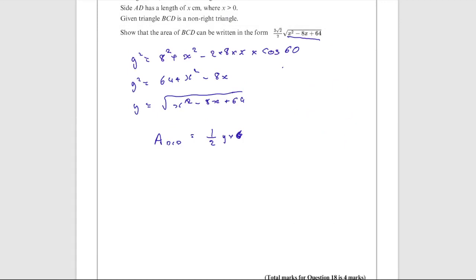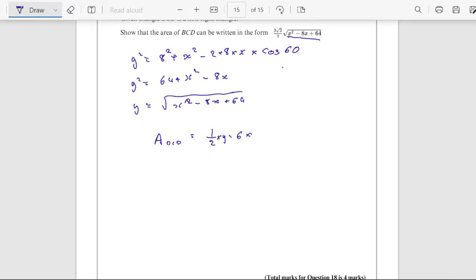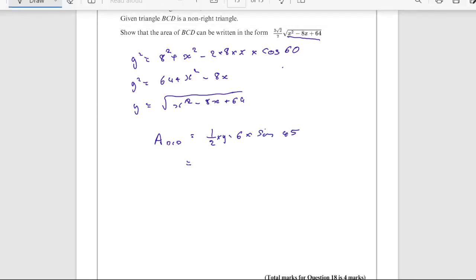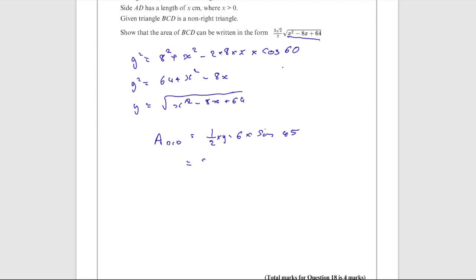So the area is going to be equal to a half of y times by 6 times by sine of 45. So that's going to give me 3 times by y times by sine 45, which is root 2 over 2.